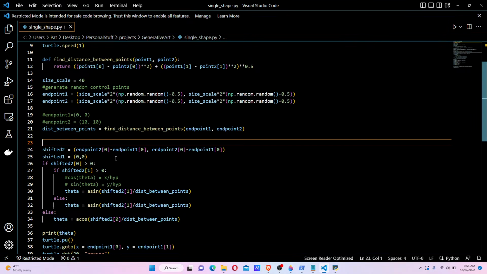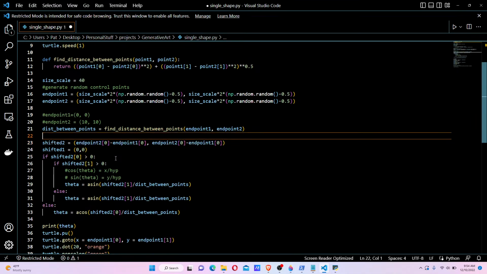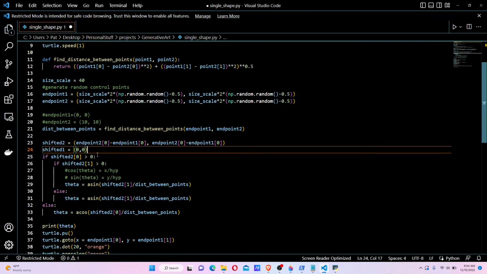Shifted to, what's that mean? Okay, so the difference between x's and the difference between y's. Shifted to, okay, so the shifting just puts one point at the origin.